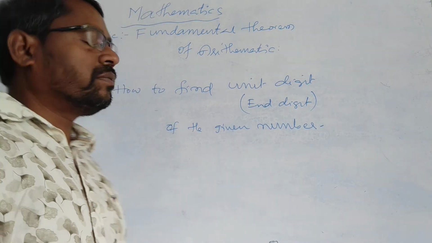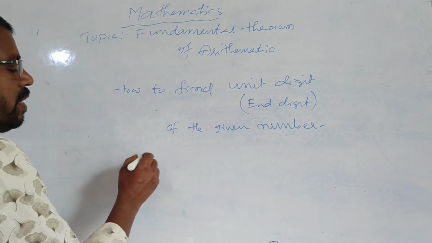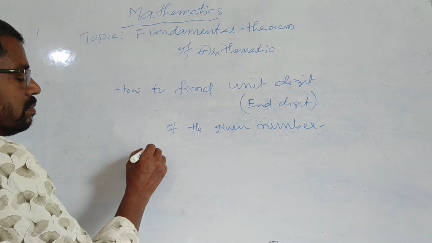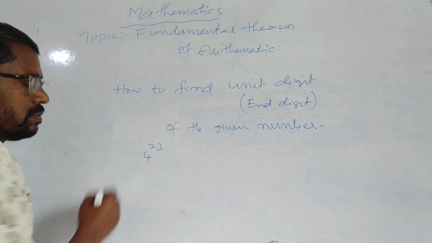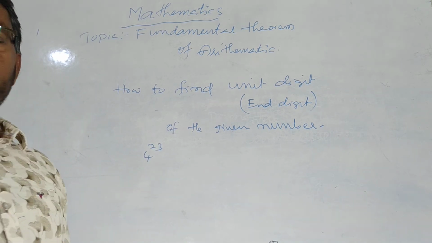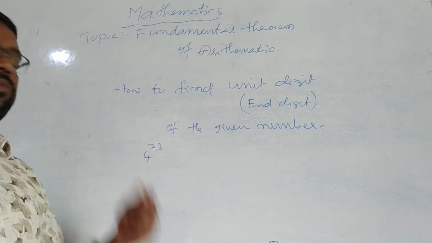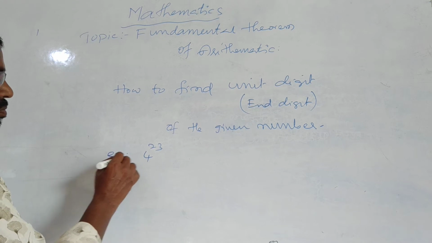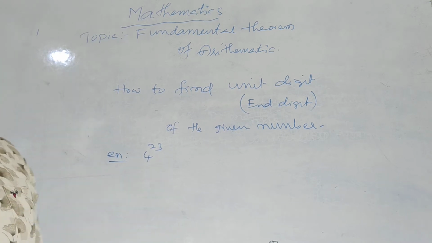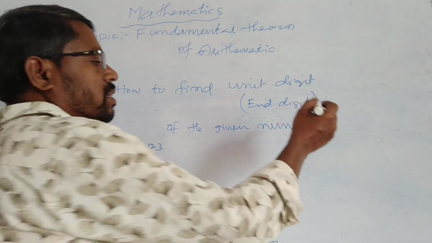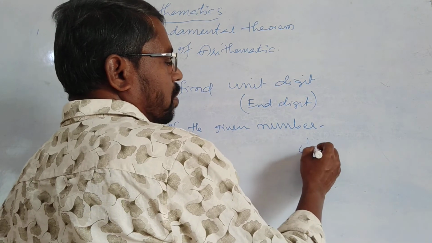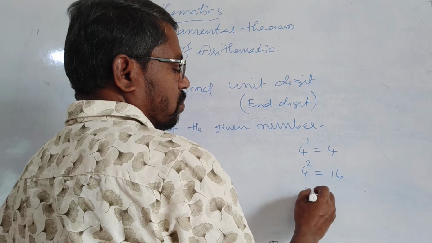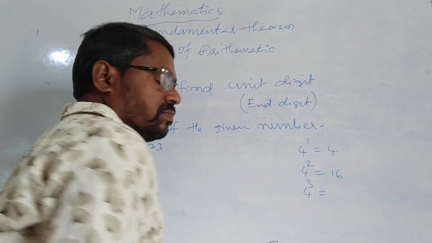Let us suppose we take 4 power 23. What is the end digit in this number? This is an example. How to find it? Generally we write 4 power 1 is 4, 4 power 2 is 16, 4 power 3 is how much?